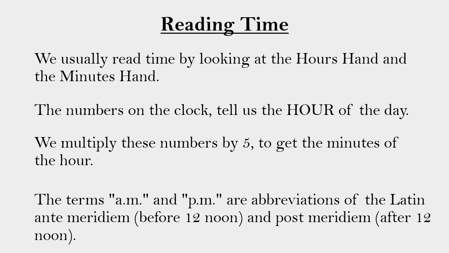AM is an abbreviation for ante meridian, that is before 12 noon or before midday. 12 noon is midday. PM, post meridian, is after midday. That's after 12 noon. So from 12 o'clock in the afternoon onwards, you get PM.